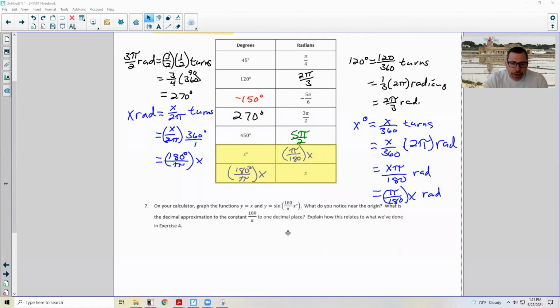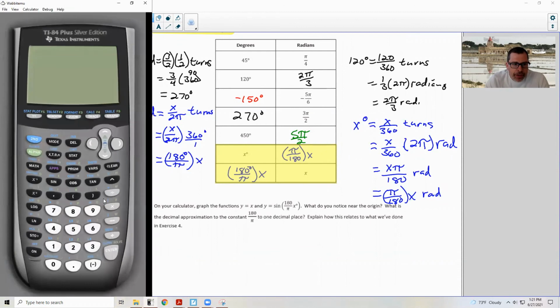So number 7, on your calculator, graph the function y equals x. Okay, so I go to my calculator and I'm going to turn it on, clear, y equals, clear, clear, and I'm going to put y equals x, and sine of 180.